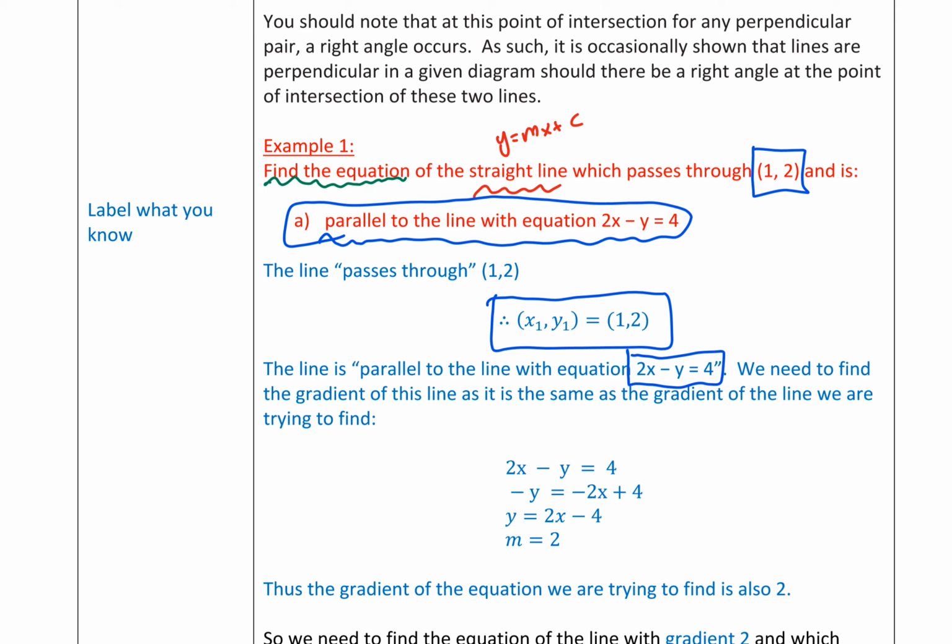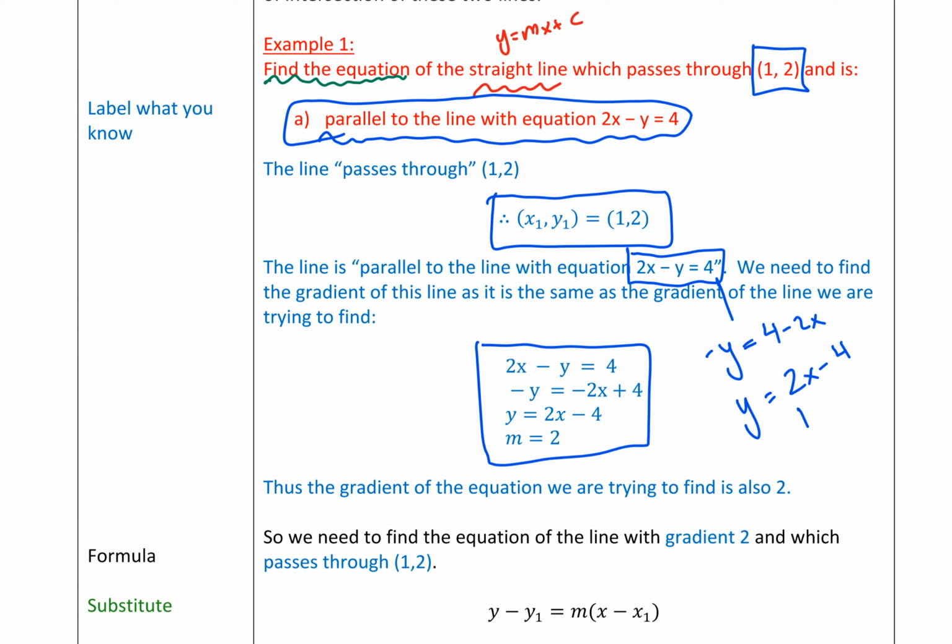So if I could find the gradient of this equation, I will have found the gradient of my equation, the one that I'm looking for. So by rearranging for y, I get negative y = 4 - 2x, multiplying by -1, we get y = 2x - 4. And I know that my gradient is 2.